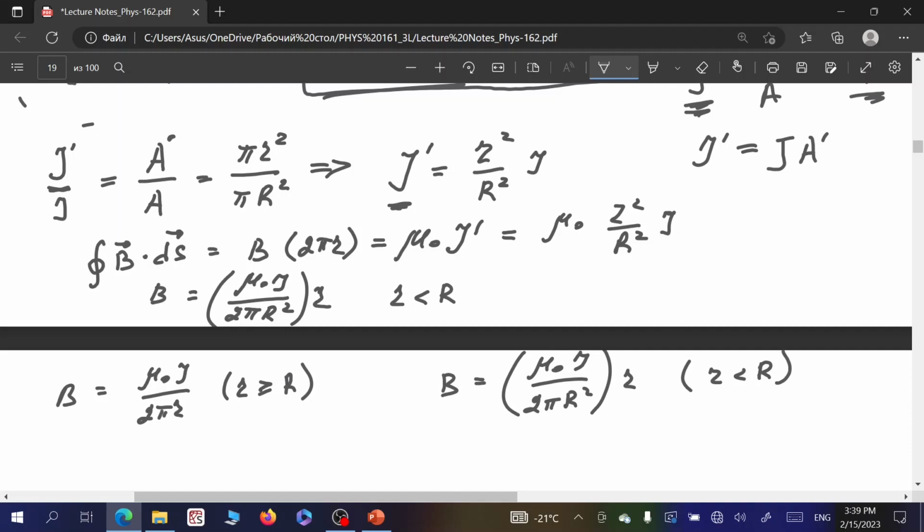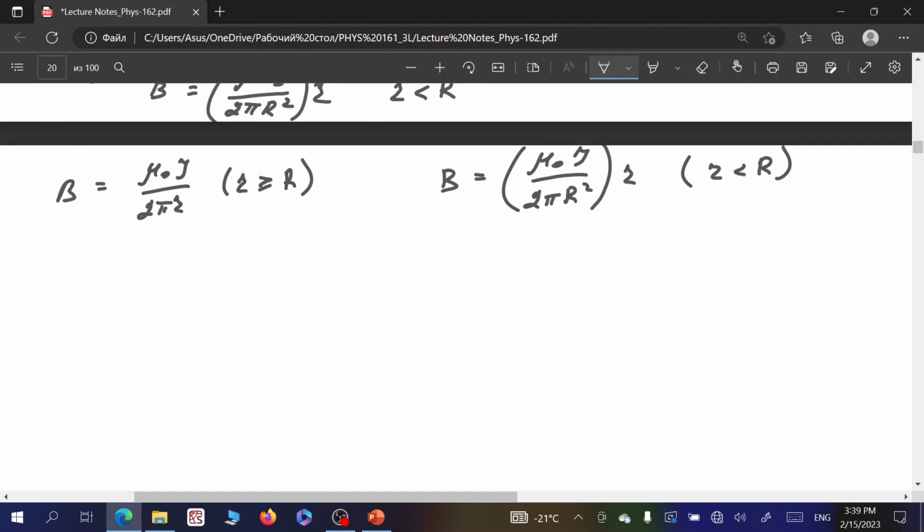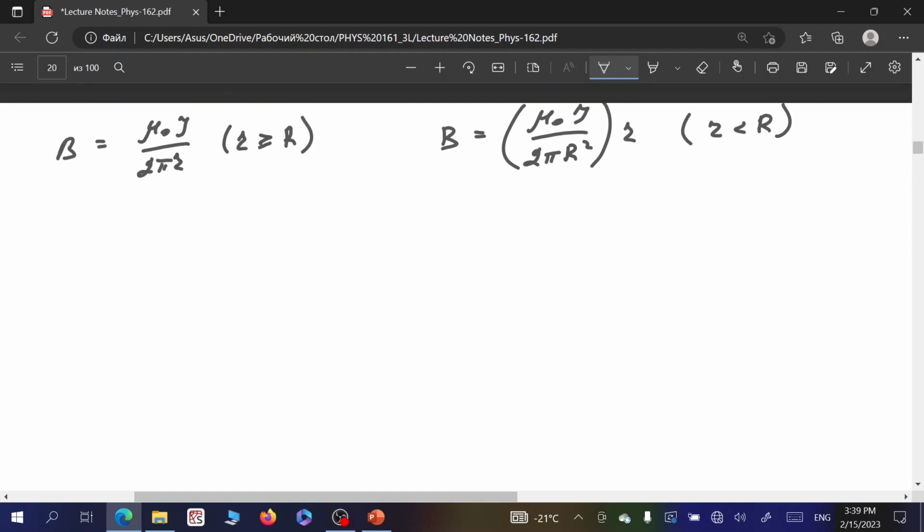So now we can show graphically how the magnetic field will change with the distance, from the center of the cross section of the conductor, within the conductor and outside of the conductor.